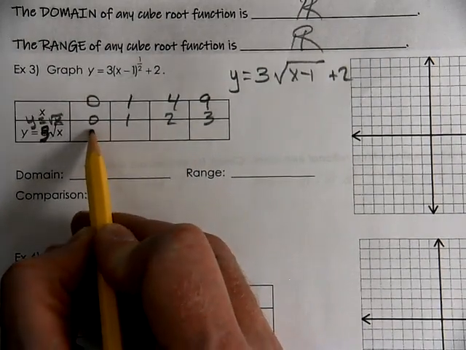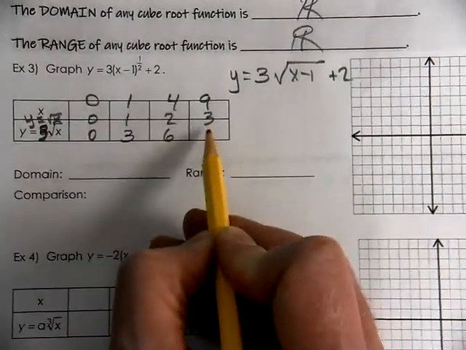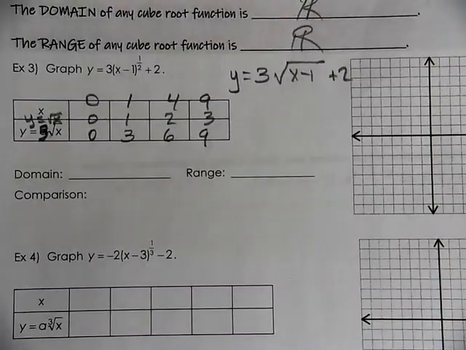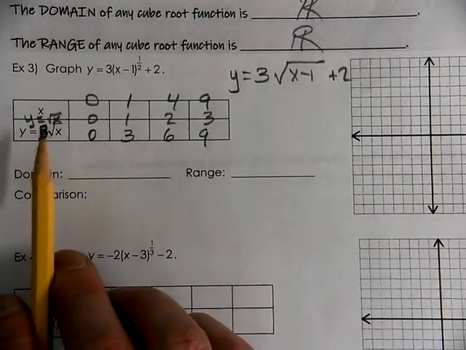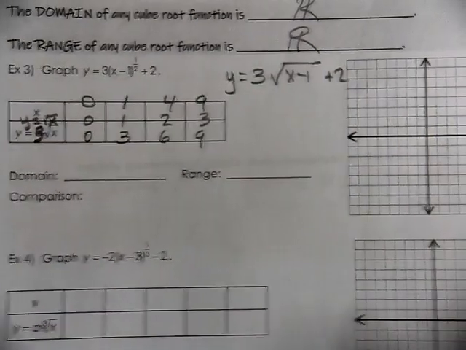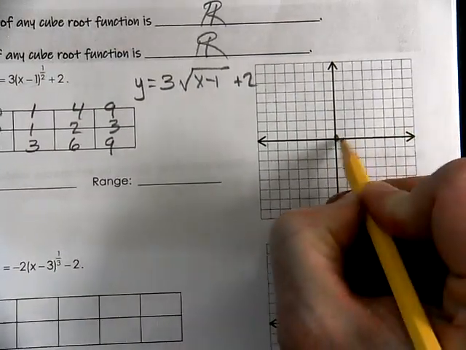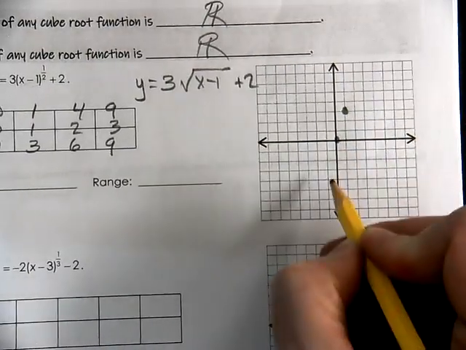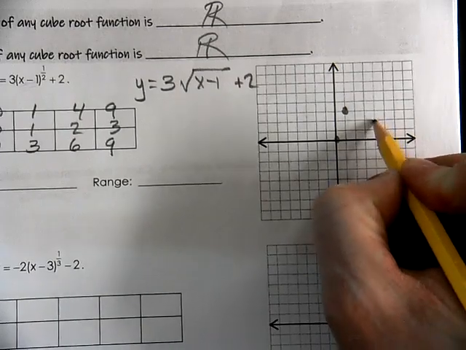So 0 times 3 is 0. 1 times 3 is 3. 2 times 3 is 6. 3 times 3 is 9. And that's where your y equals a square root x is going to be. 0, 0, 1, 3, 4, 6.